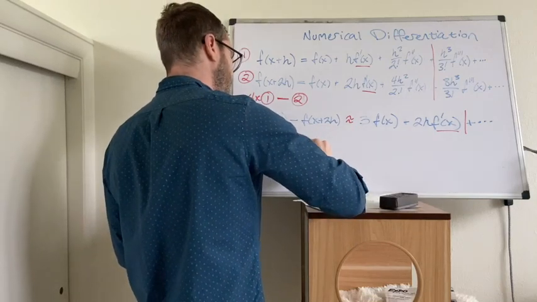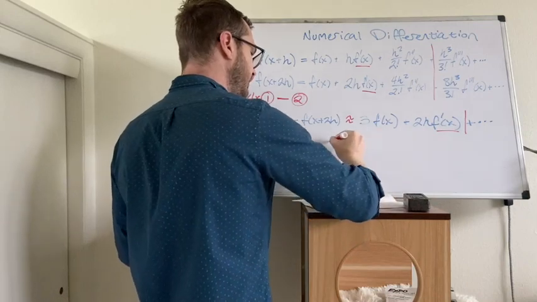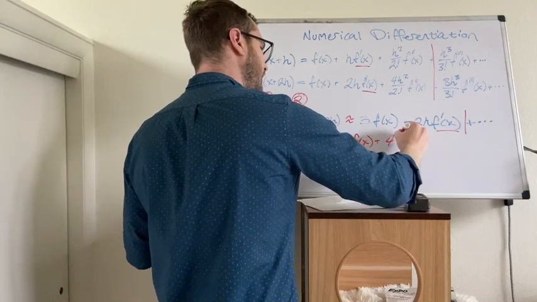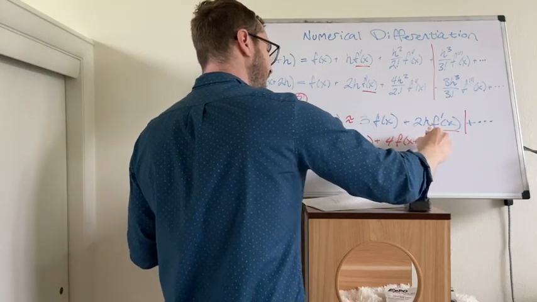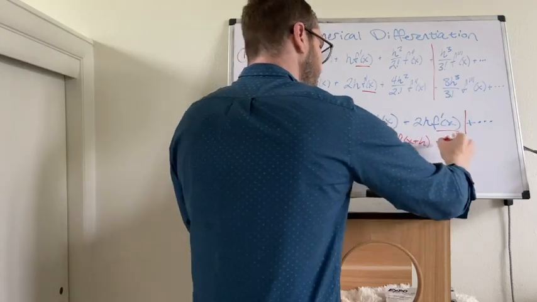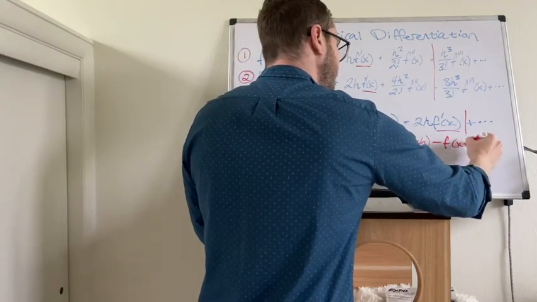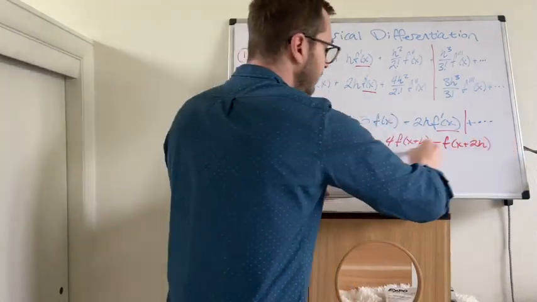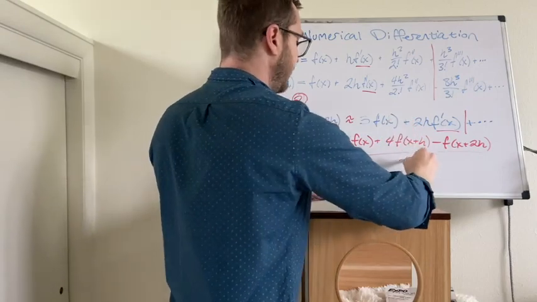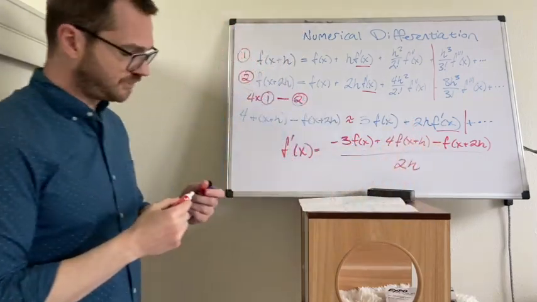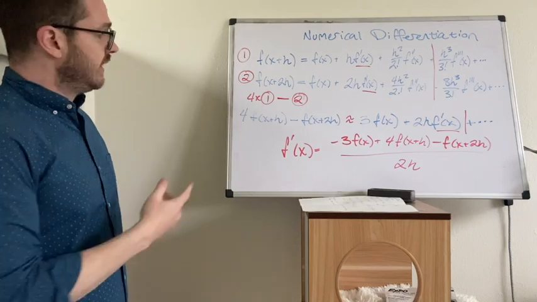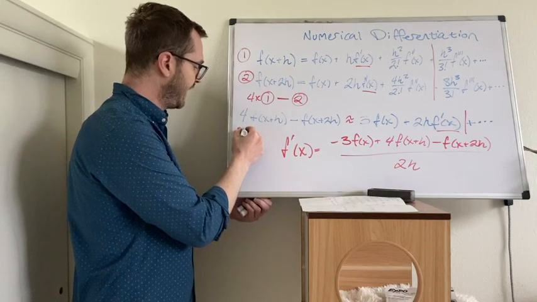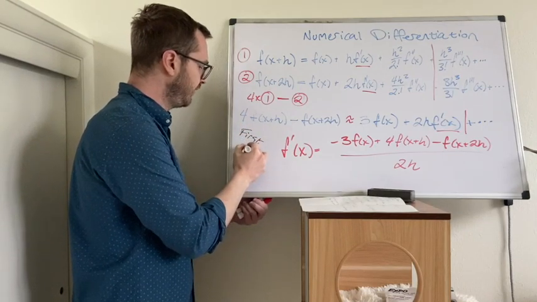F prime of x is going to equal minus 3 f of x plus 4 f of x plus h, and then minus f of x plus 2h, and then this quantity is going to be divided by 2h. Okay, here then is your scheme, your method for finding slope at the first point.